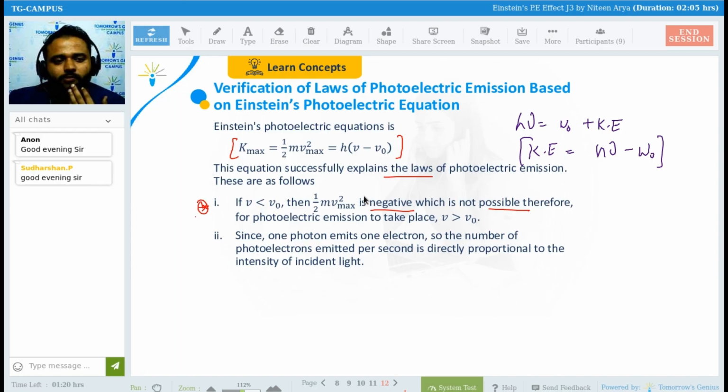We neglect this important phenomenon on the basis of negative kinetic energy not being possible. But why? Do you know? Anyone? Very simple and logical, even.